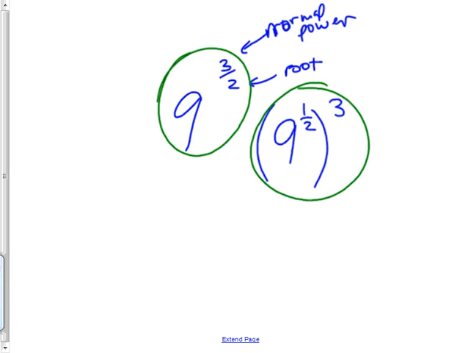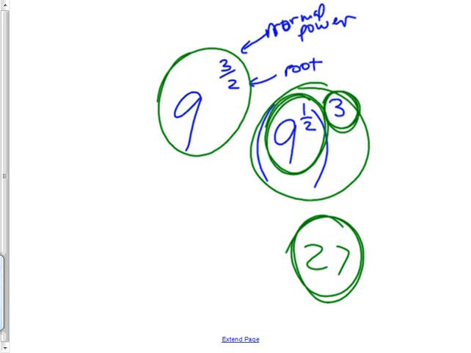So I broke it up into 2 parts, the root part and then the normal power part. What's the square root of 9? And then 3 to the 3rd is, so the answer is 27. 9 to the 3/2 power is 27. You take the square root of it first, and then you put it to the 3rd.